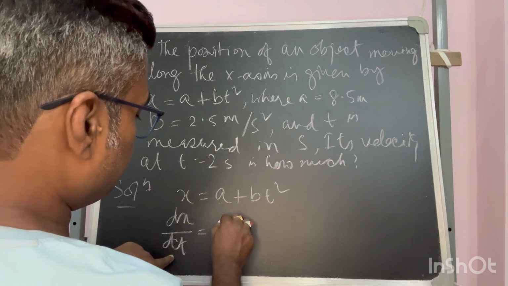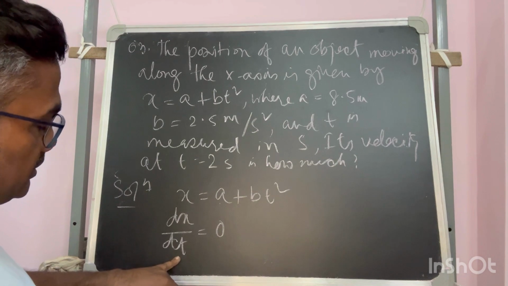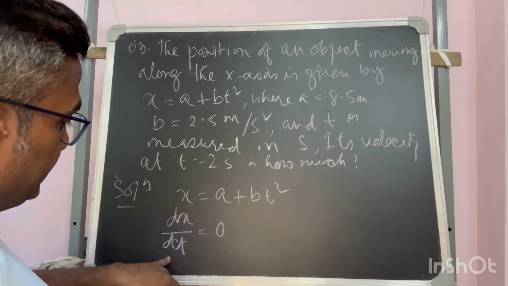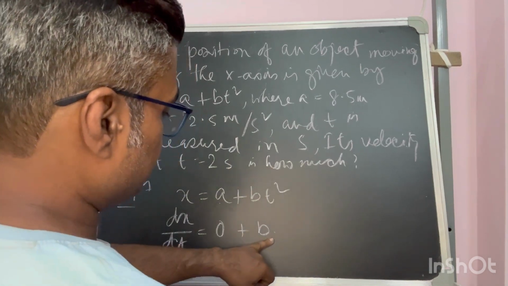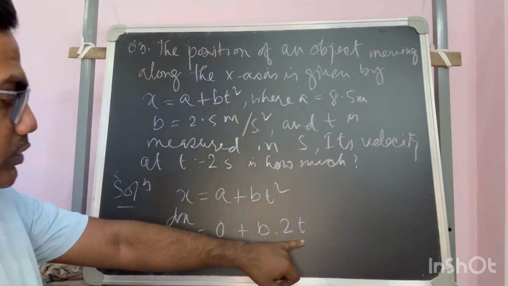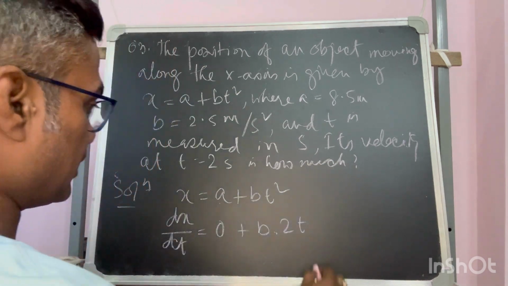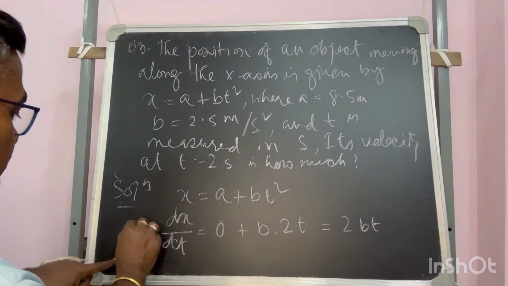So a is constant, that means it will be 0 with respect to any derivative. So if I do dx by dt, b will be as it is, and t square will turn into 2t to the power 2 minus 1, that is equal to 2t. So ultimately this will be 2bt. So that is equal to velocity.